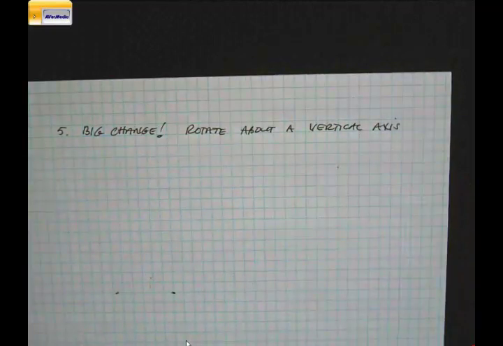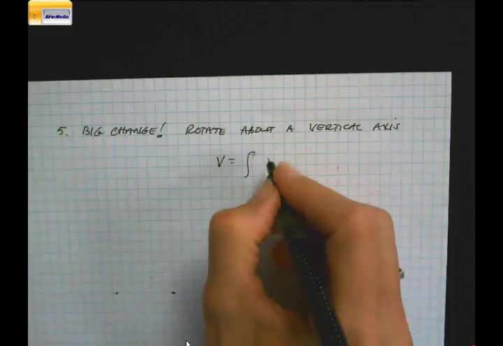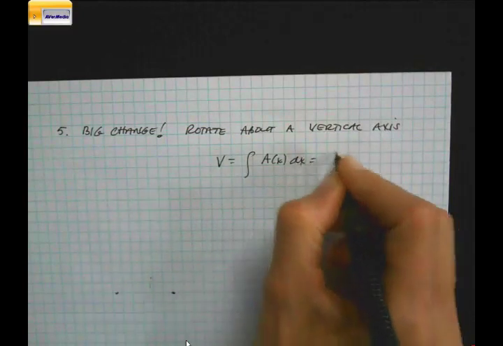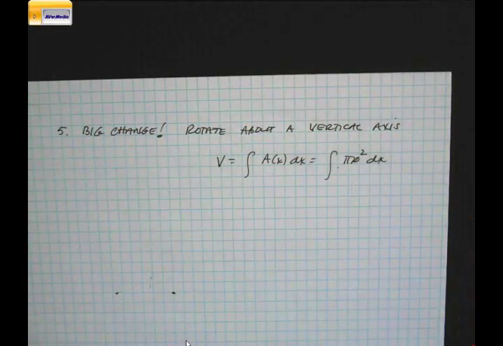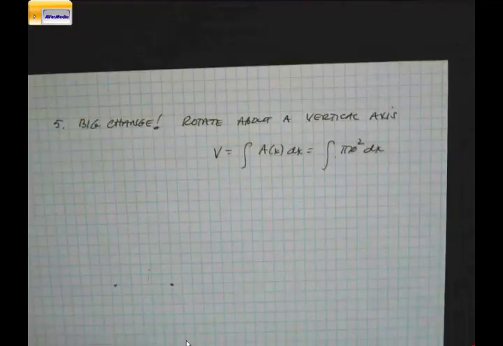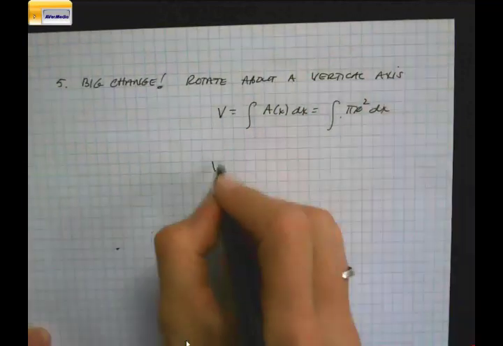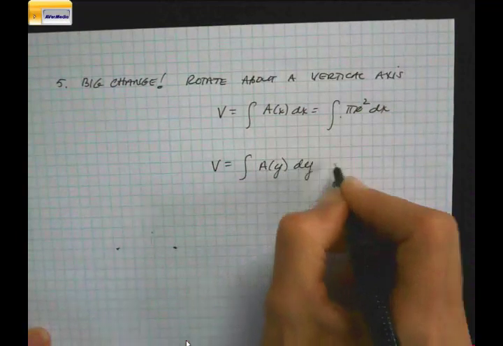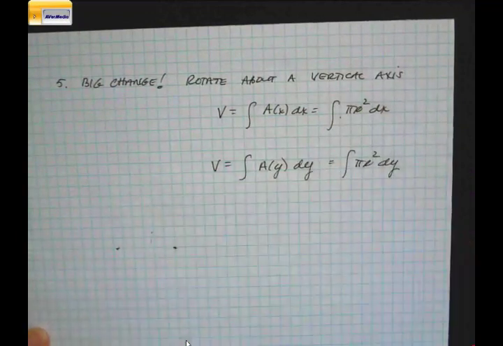When you start spinning around a vertical axis like a y-axis, then when you calculate your volume as your area times your width, which is our pi r squared dx, it changes. It's no longer x, it's going to be dealing with y. So your area must be in the y variable, and your r must be the y variable.